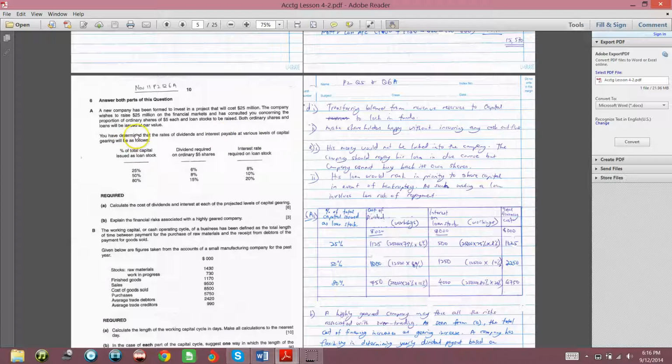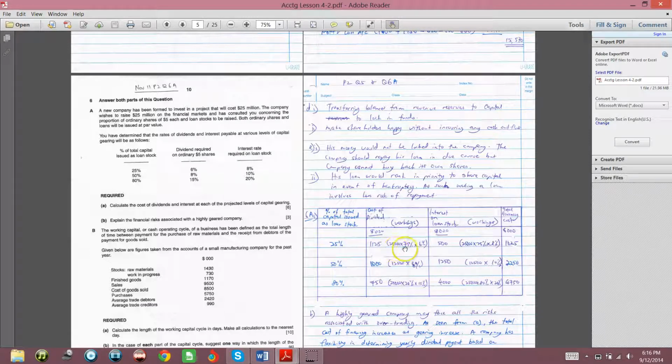Both ordinary shares and loan will be issued at par value. So if they issue 25% as loan stock, 25 million, all figures in thousands, times 25%, the interest for the loan is 8%. As stated here, times 8%. So it's 500,000.